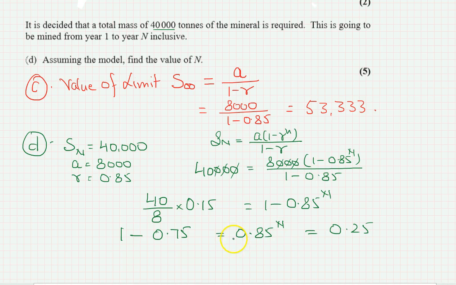Now we have this equation. So let's take the log. n log 0.85 is equal to log 0.25.